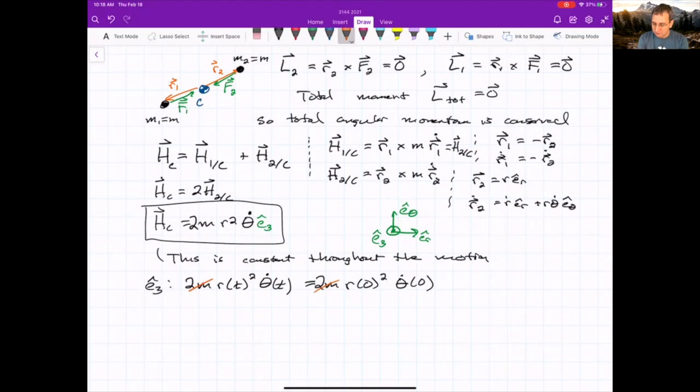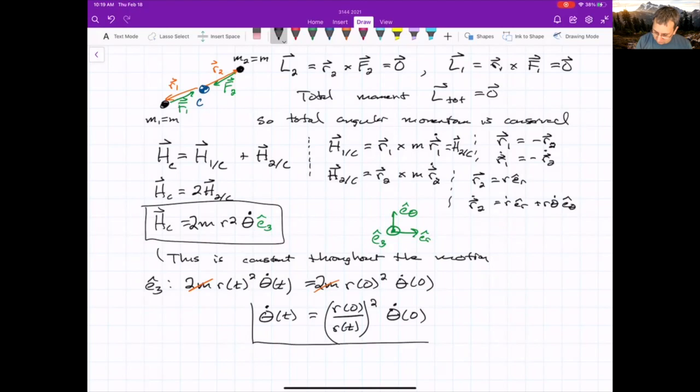And we could rewrite this if we so wanted, writing it as theta dot at any time is equal to R at the initial time over R at time t, squared, times theta dot at the initial time. So this is true. This relates what the initial angular velocity is.